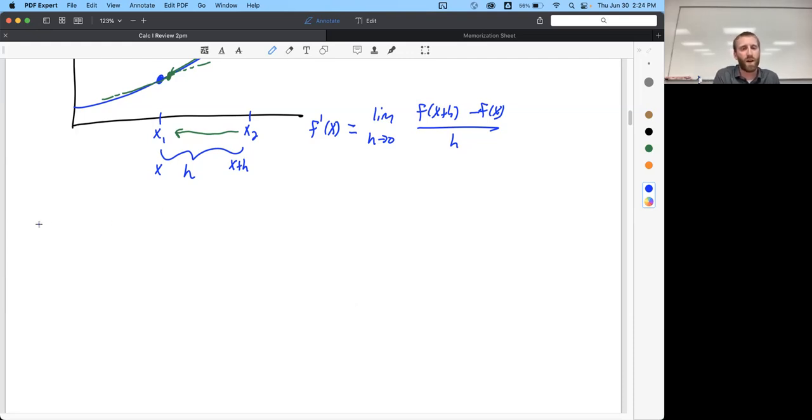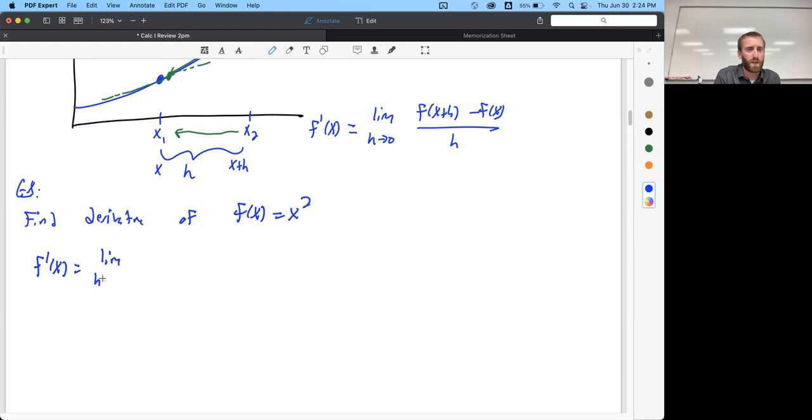And so just really briefly, if we want to find the derivative of f of x equals x squared, we can do that. So then f prime of x would be the limit as h goes to 0 of x plus h squared minus x squared over h.